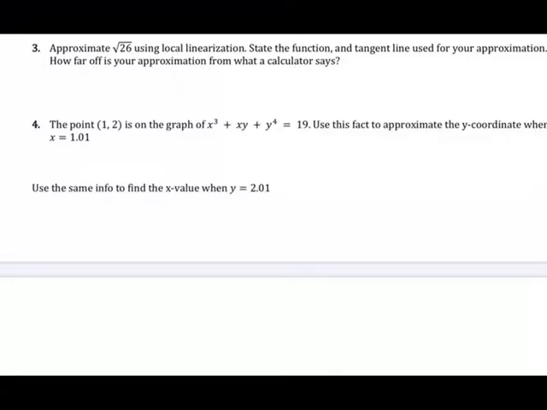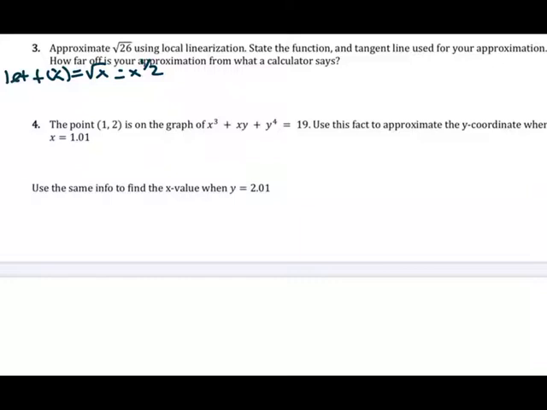So in order to do this, we first need to identify a function that represents the type of problem that we're talking about. What we're talking about here are square roots. So I'm going to let f of x equal the square root of x, which we could also rewrite as x to the power of 1/2.